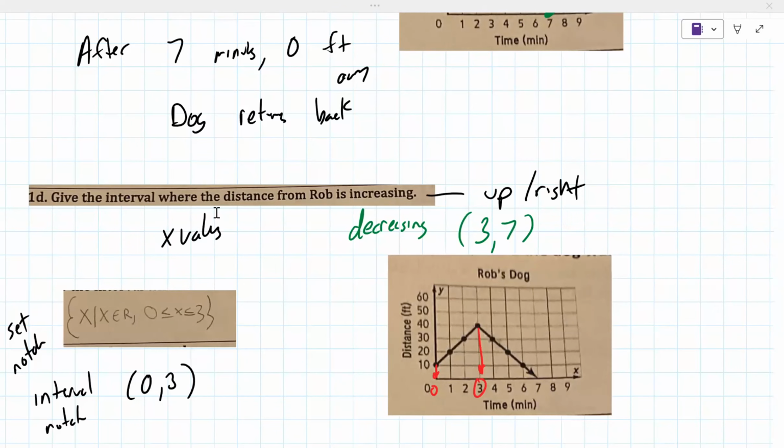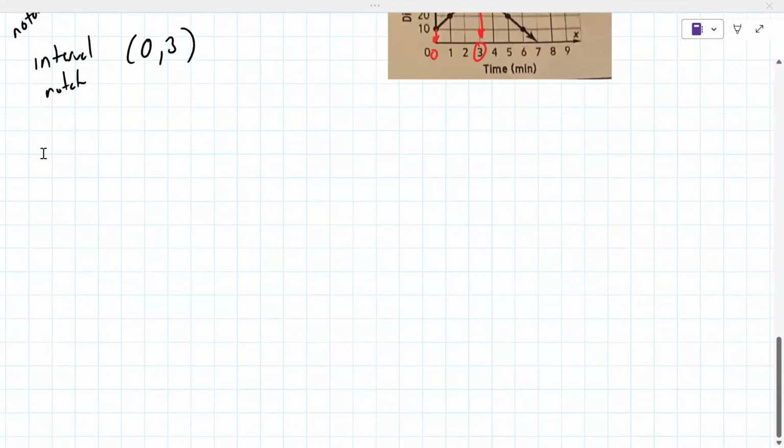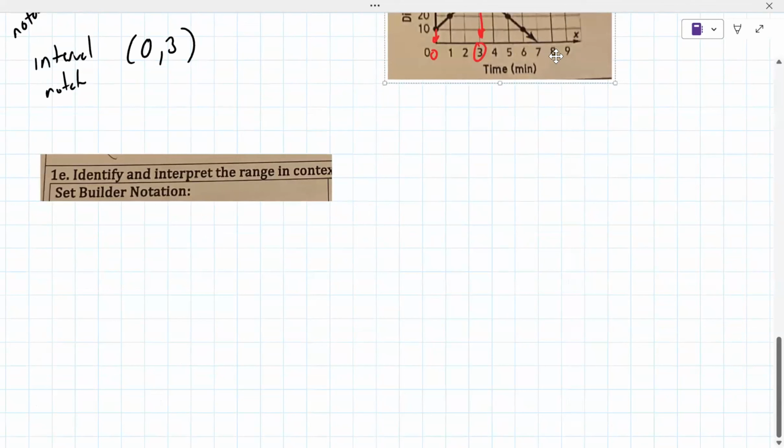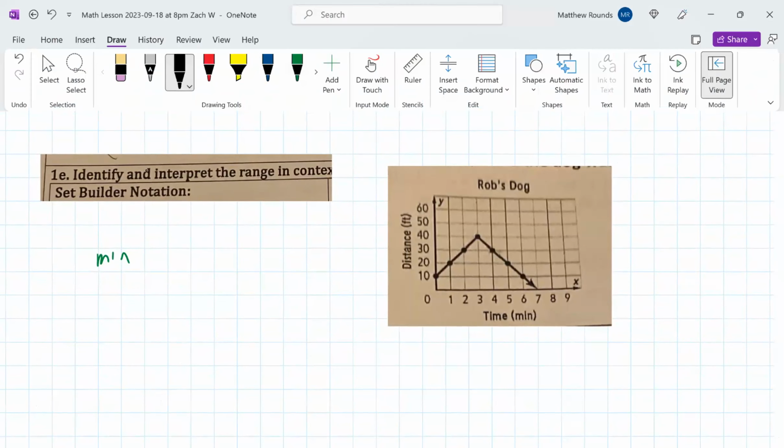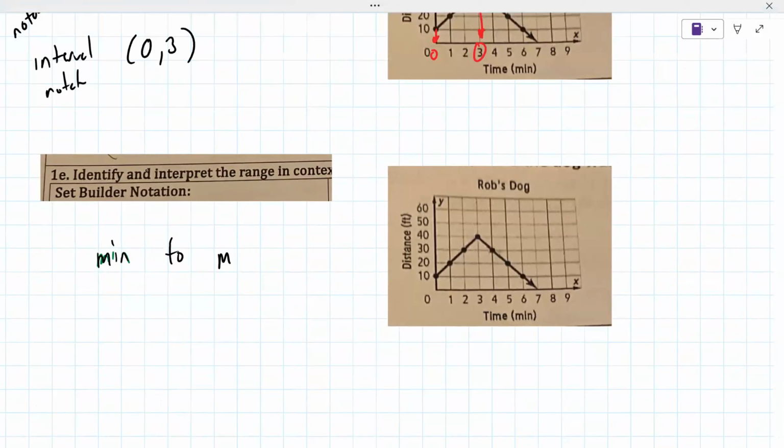That is that. Okay, the next questions are about the range, and the range are the Y values. All right, so the range is the Y values. The range is like min to max. You can think of it as low to high.